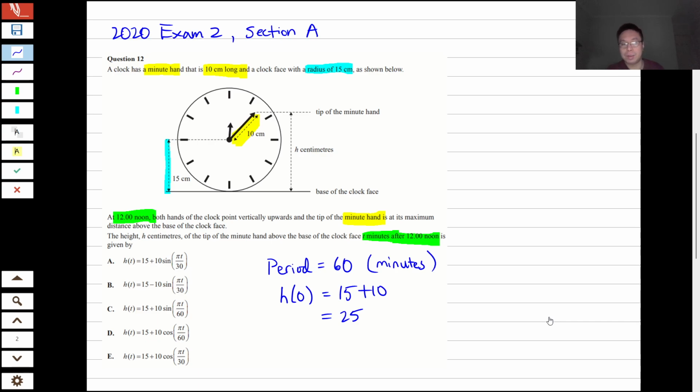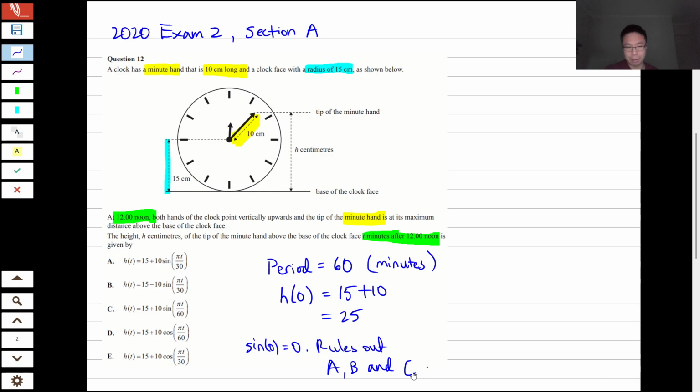Once I know these two things, the choice is pretty straightforward because I can immediately rule out a few options. For example, it can't be anything involving 15 plus a sine graph because sine of 0 is 0. So this rules out options A, B, and C, which narrows it down to D and E.